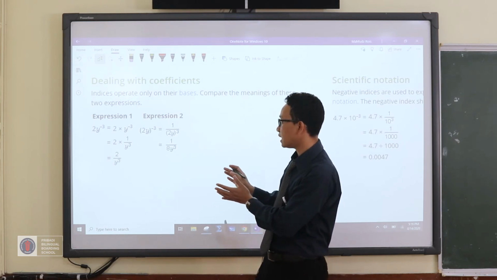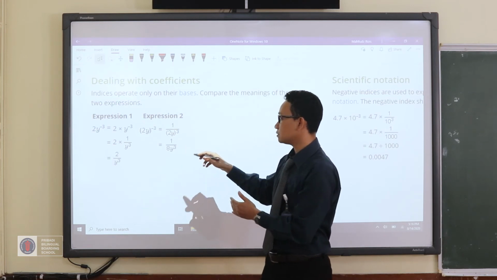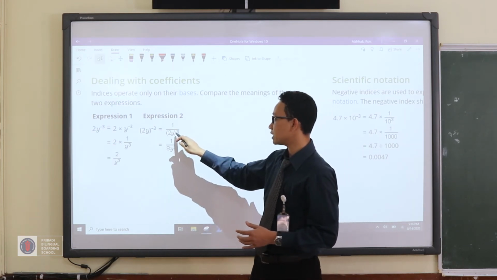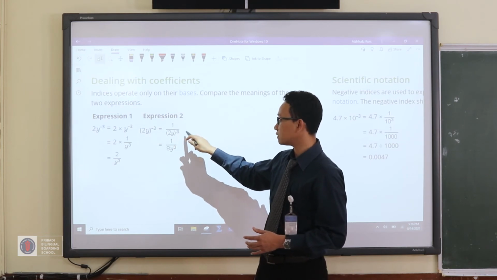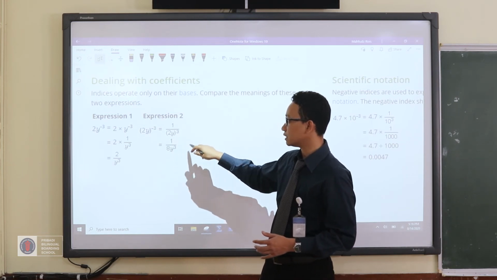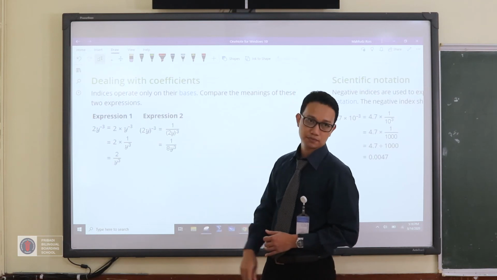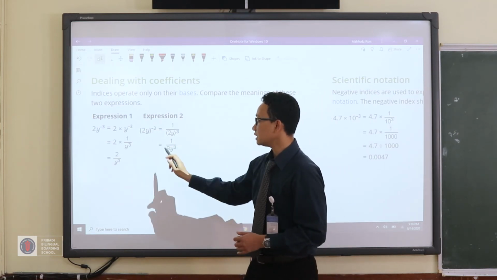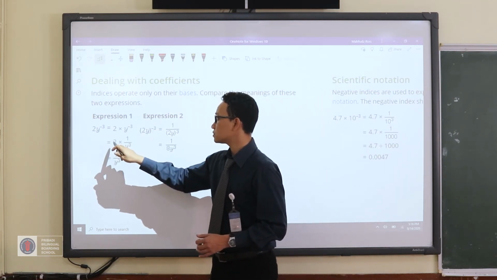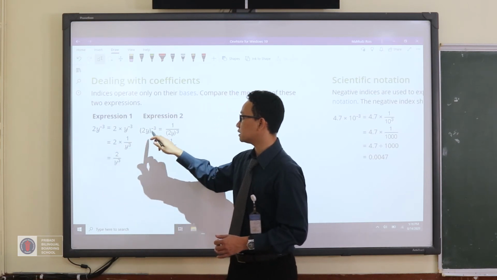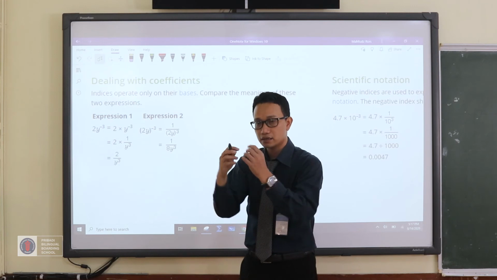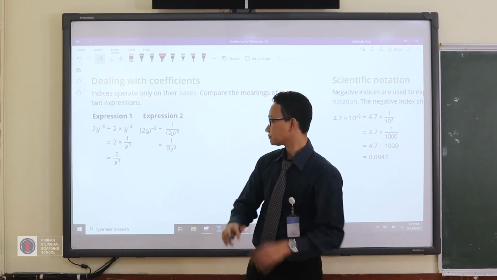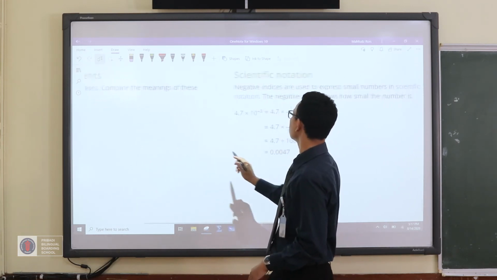So in the end, you will have 1 over 8y cubed. Remember, this uses the power rule: 2 cubed is 8, and y to the 3 is y cubed. So the difference is that in the first, 2 is just a coefficient, but in the second, 2y is one expression.